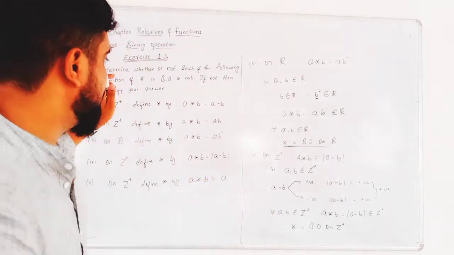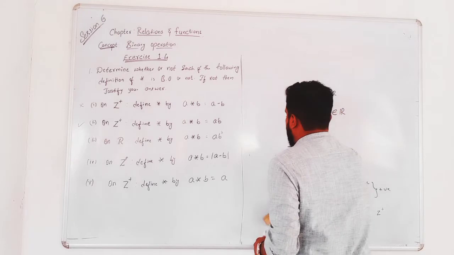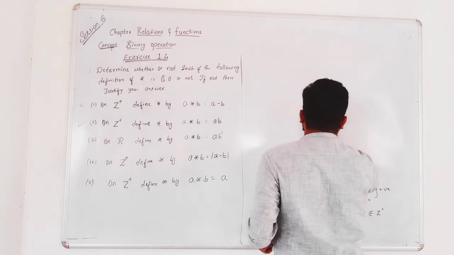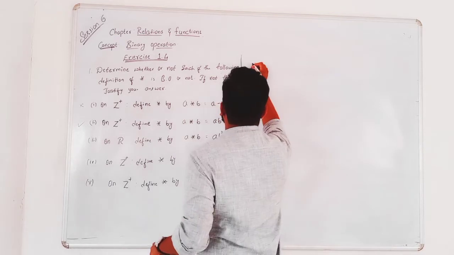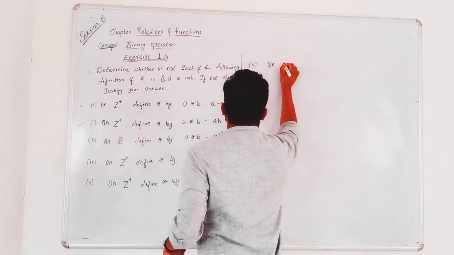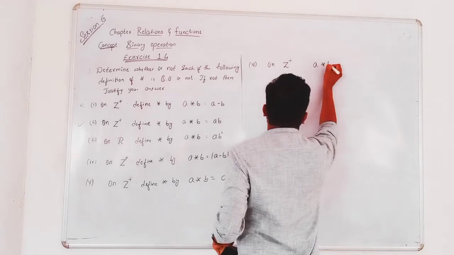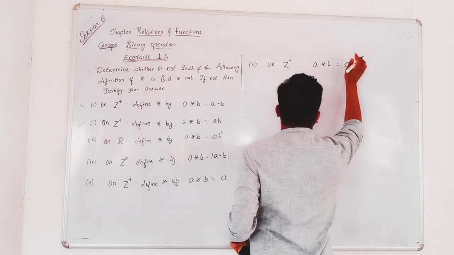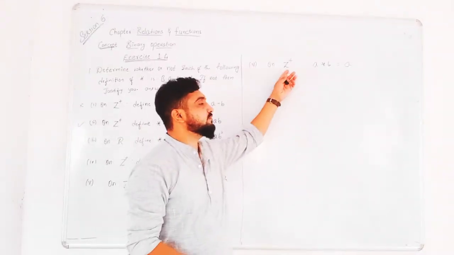So let's see the last one here. What is the last question? The last one says on Z plus, A star B is equal to A. So the fifth one is on Z plus, A star B is equal to A. That means if you are choosing two numbers from the given set, what is the given set here?